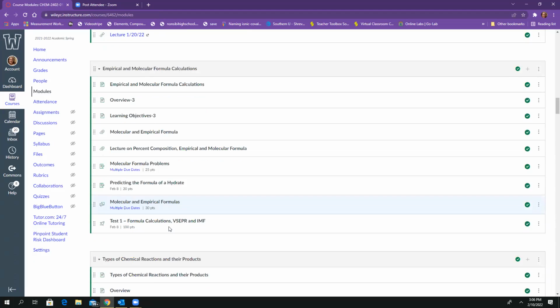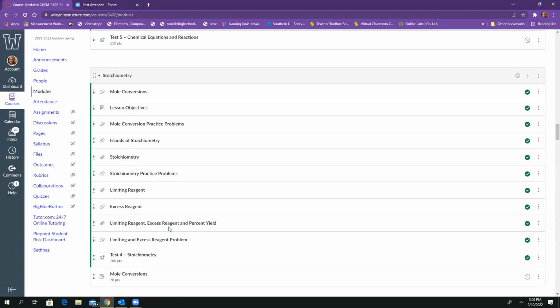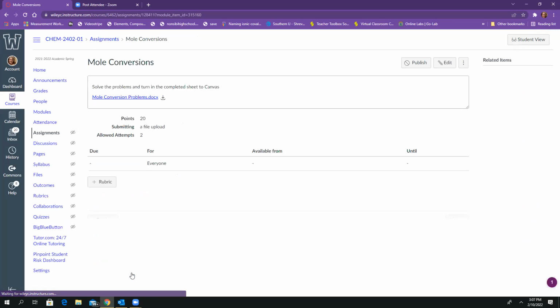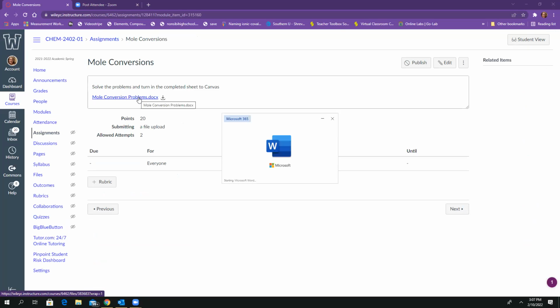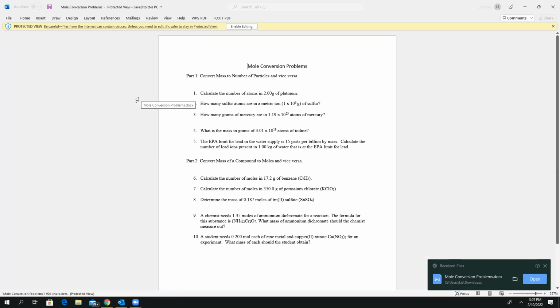Right here, in this area where it says mole conversions, there's a sheet that I used for practice, but we didn't do all of them because we know how to do them already. But I just wanted you to remember how to do these. And this is one of them.